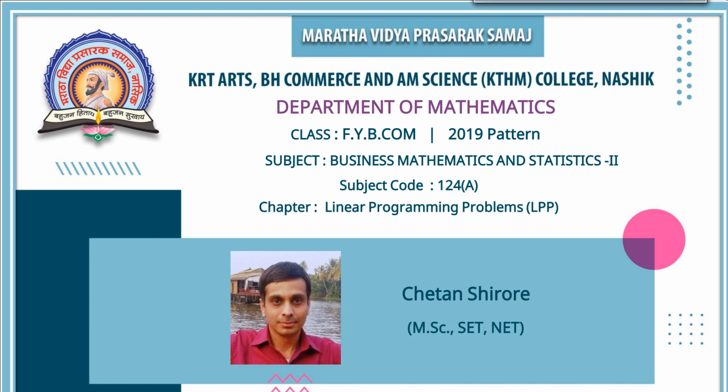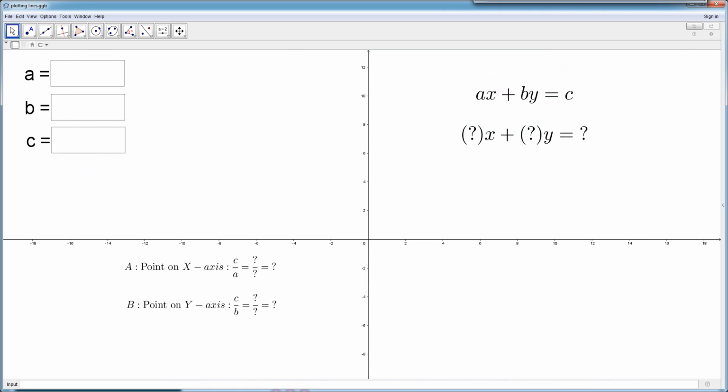So, first we will see the equation of line. The equation of line is ax plus by is equal to c.